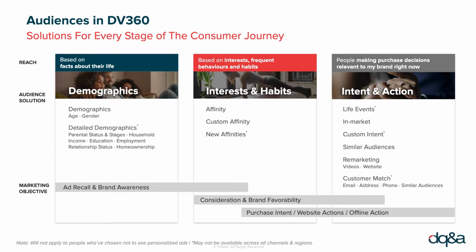Interest and habits are audiences based on interests and frequent behaviors and habits, and your reach objectives could be tailored towards more consideration and brand favorability. Intent and action are audiences based on people making purchase decisions right now, and include Google audiences as well as first-party data, similar audiences and customer match. The reach objectives you can tailor these to are purchase, intent, and action. So let's unpack some of these audiences.